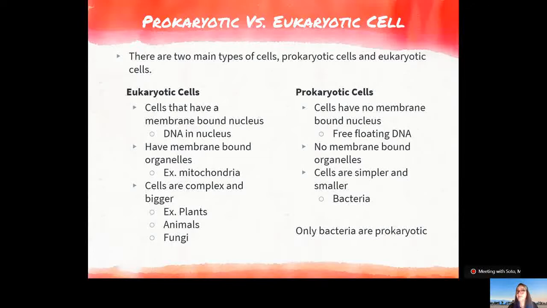However, the prokaryotic cells are the ones that don't have membrane-bound nuclei. They have free-floating DNA all throughout the cell. So they don't have those membrane-bound organelles like the mitochondria and the chloroplast and all those. They just have their DNA floating around.